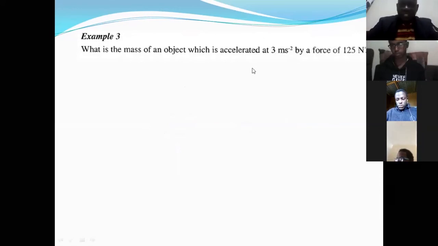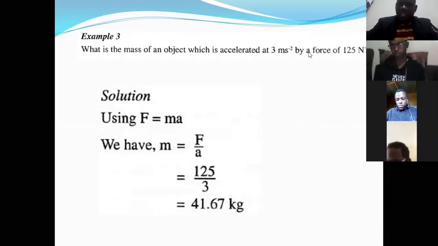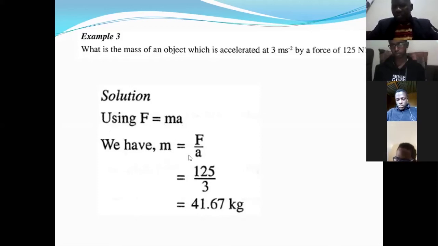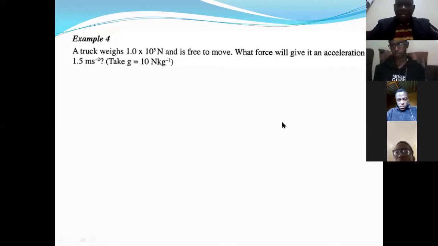So we have this as the acceleration, we have this as the force. So we are being asked to find the mass. So we simply substitute in the formula that force is mass times acceleration, and then we find the mass directly that way. So remembering the formula is what's important. F is equal to ma. Another example there. Yes, can you work out that for a minute?